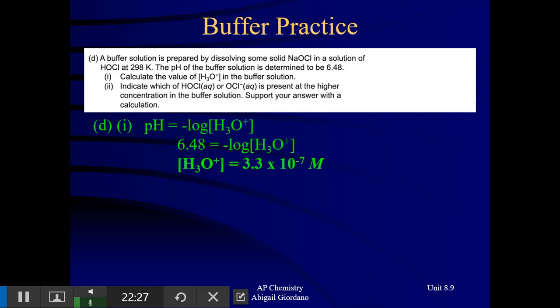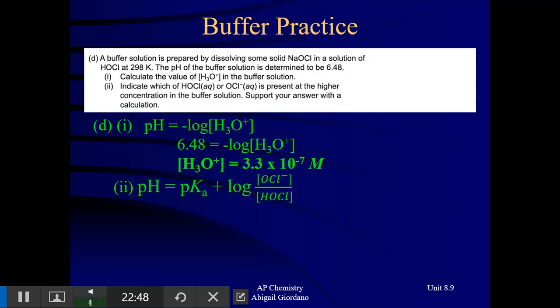Okay, now part 2 is going to pull something that we talked about today. It says indicate which of HOCl or OCl minus, the weak acid or its conjugate base, is present at a higher concentration in the buffer solution. Support your answer with a calculation.